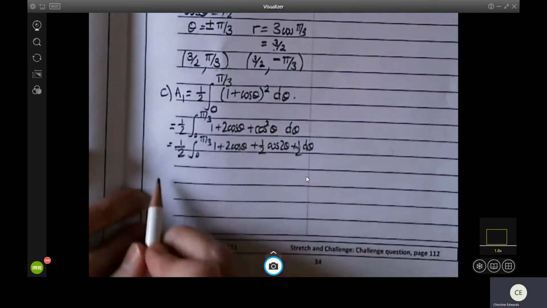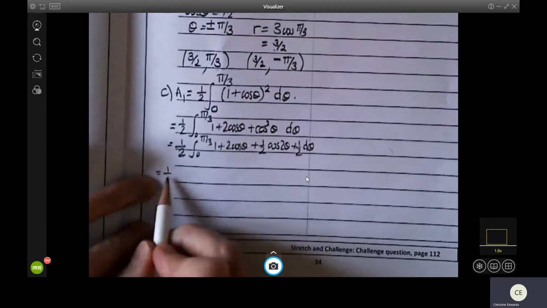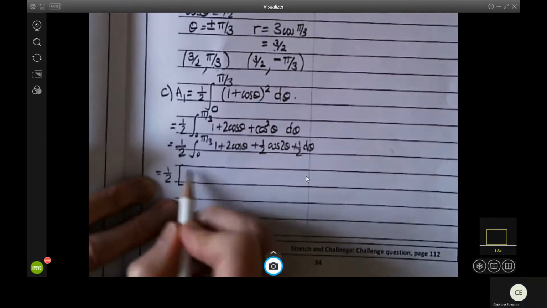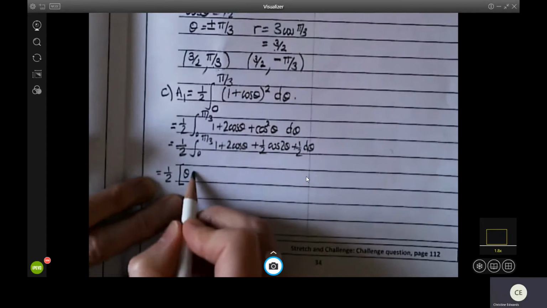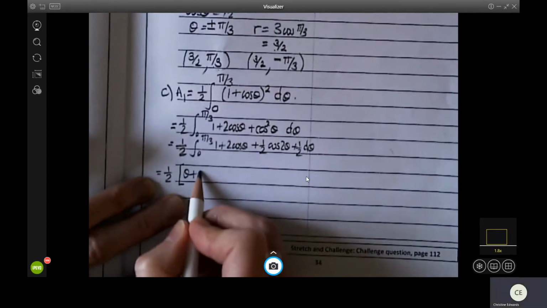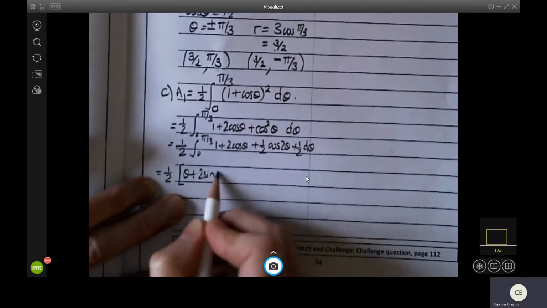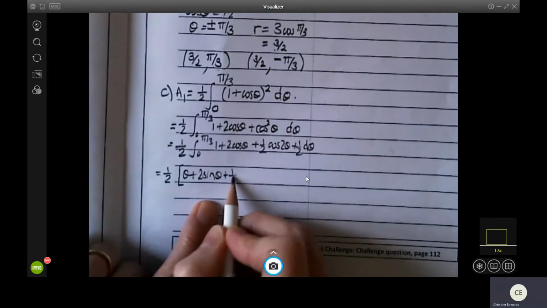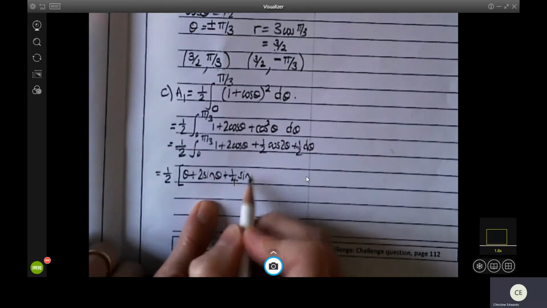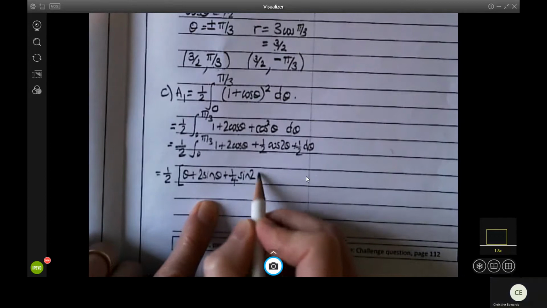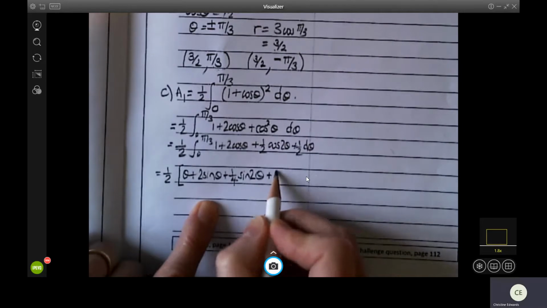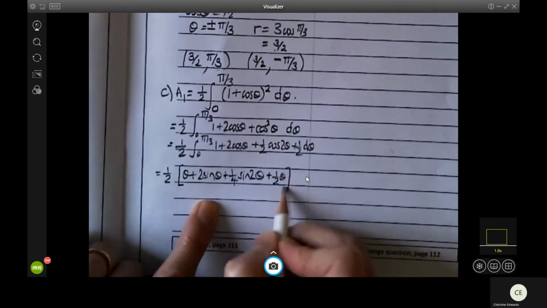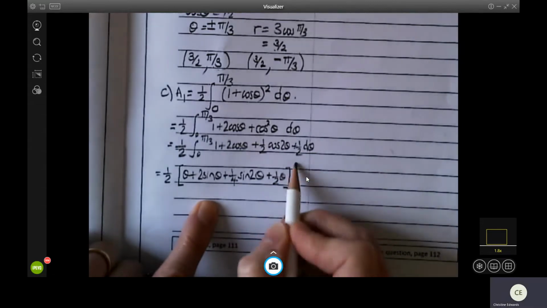So that becomes a half theta plus 2 sine theta plus a quarter sine of 2 theta plus a half theta. Evaluate that between 0 and pi over 3.